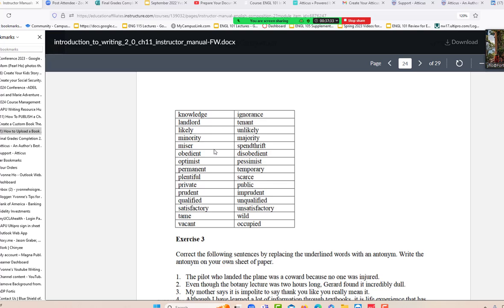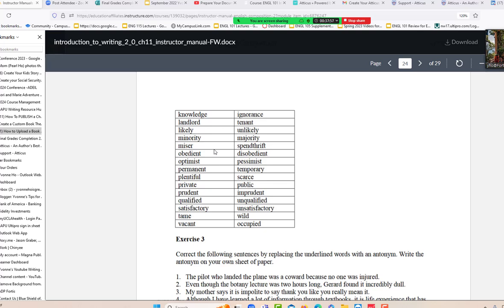Miser, spendthrift, obedient, disobedient. So that's another prefix. Optimist, pessimist, permanent, temporary, plentiful, scarce, private, public, prudent, imprudent. So im means not. So there is another example of prudent meaning careful and imprudent meaning not careful.